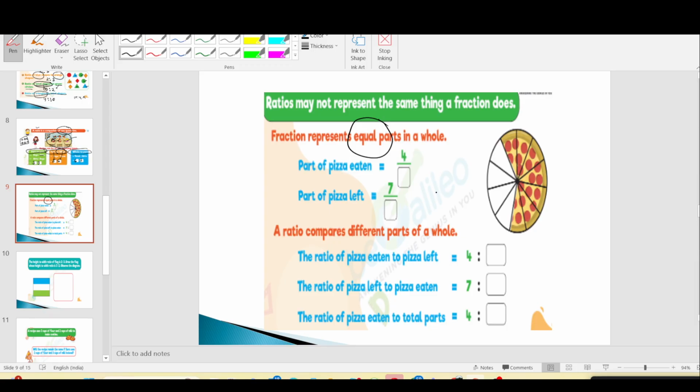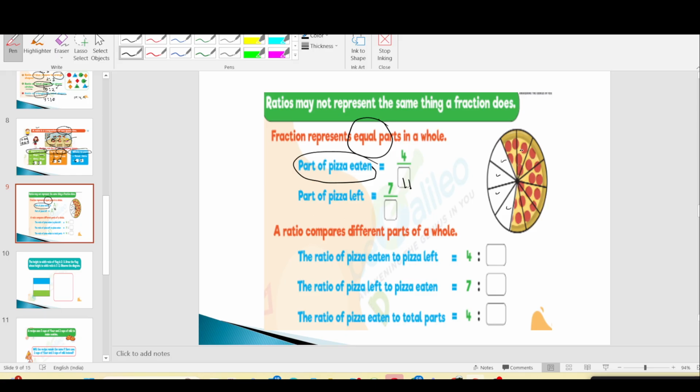Sometimes we compare different parts of a whole, like part of pizza eaten. So part of pizza eaten, one, two, three, four. Four part out of total pizza is eaten, right? So there are total 11 parts, and out of which 4 is eaten. So fraction would be 4 over 11, right?